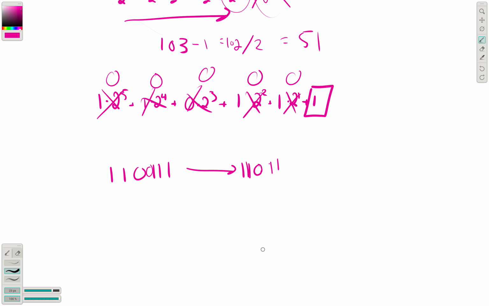Okay, what is this doing? This is 103. When you take off a number here, that is like dividing by 2, but a little more than that, it's also truncating your answer, right? 103 divided by 2 is 52.5, okay?